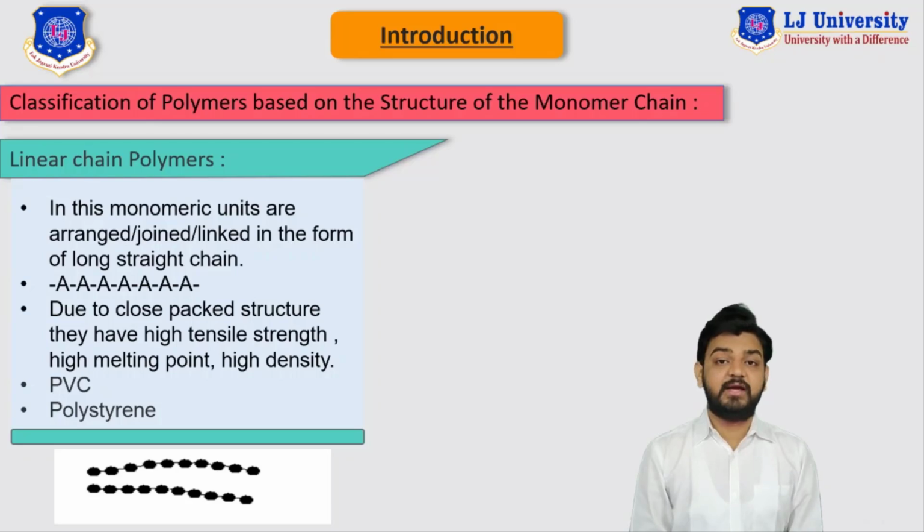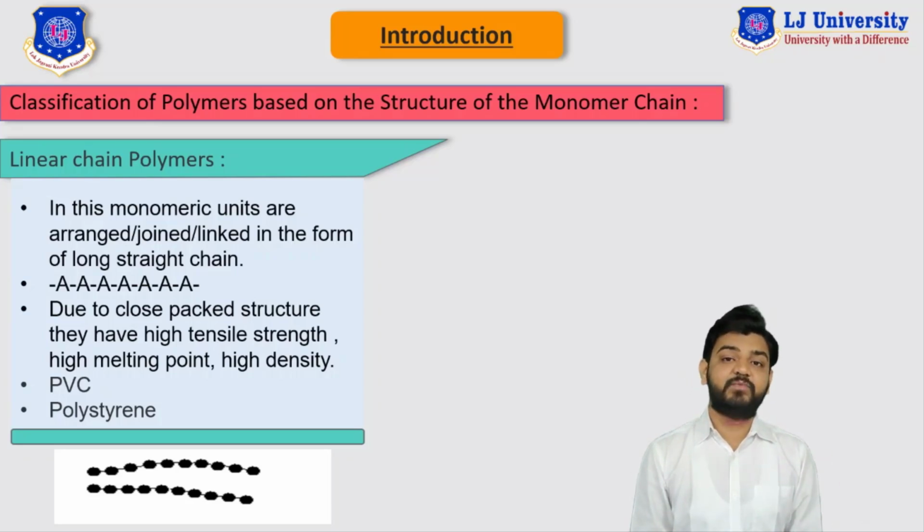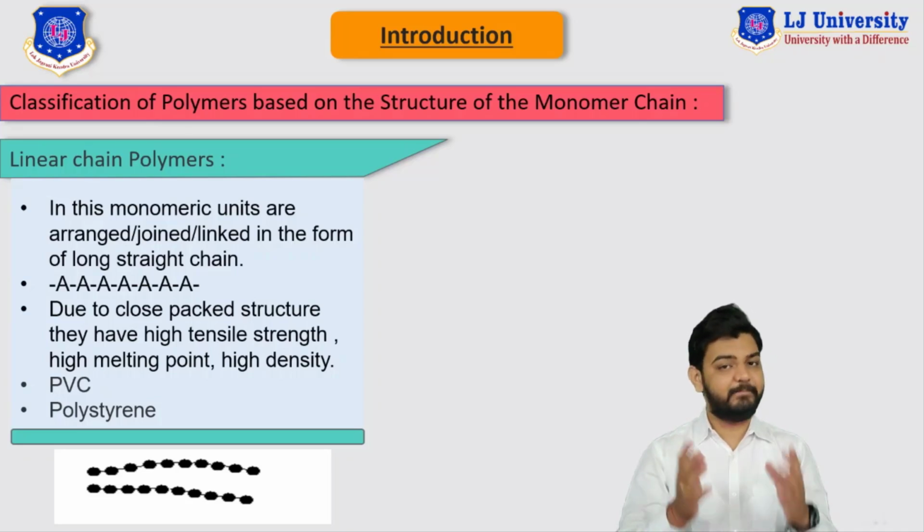This structure has very strong strength, so it can be formed with high density. All materials with high density can be defined in this category of linear chain polymer. Due to this closely packed structure, they have high tensile strength and a high melting point.